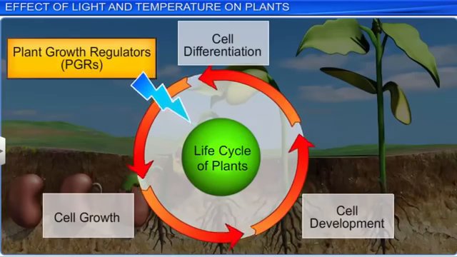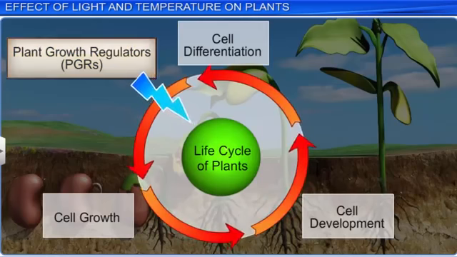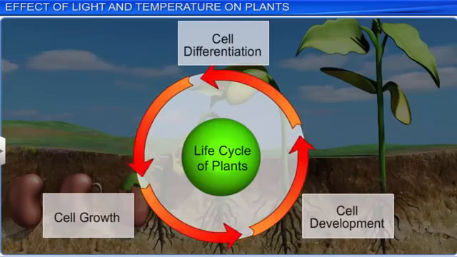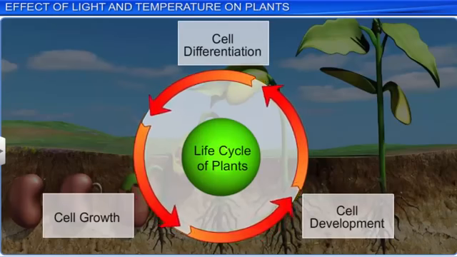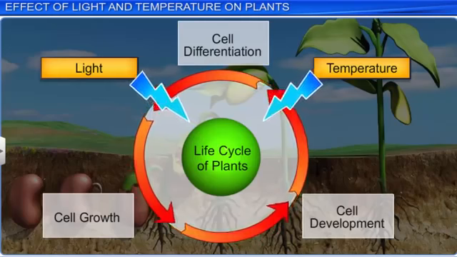Plant growth regulators or PGRs control the growth and development of plants. In addition to PGRs, extrinsic factors such as light and temperature also influence the growth and development of plants.